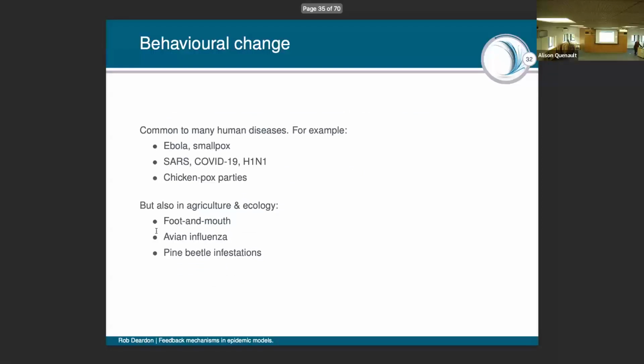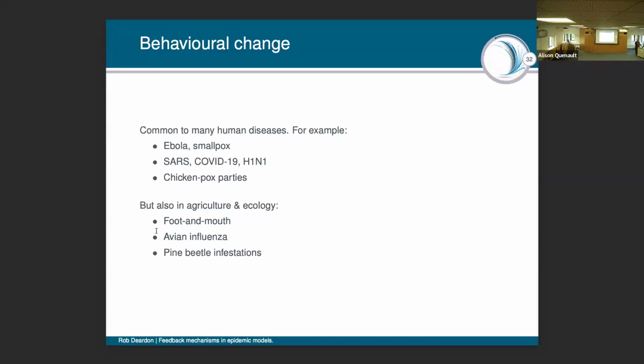And then when you think about it, of course, behavioural change due to the presence of a disease will happen in all sorts of situations. If you've got Ebola or smallpox where you live, you're going to be in some state of anxiousness, right, or anxiety. It's going to change the way you behave. But even things like seasonal influenza, some people tend to take more care about personal hygiene, washing hands regularly, that sort of thing.